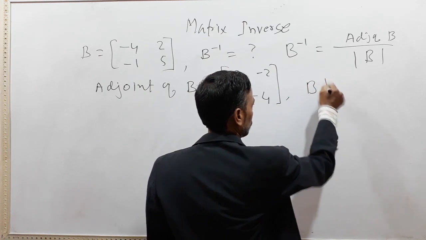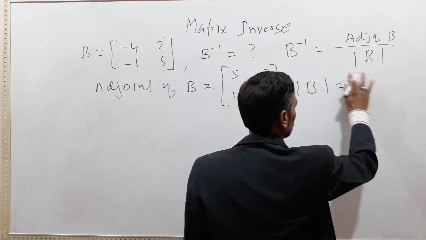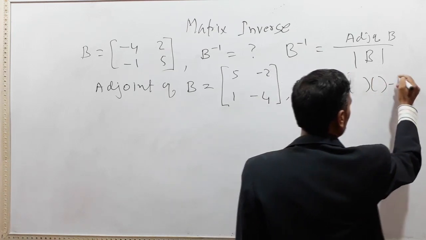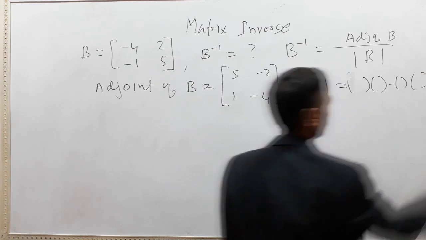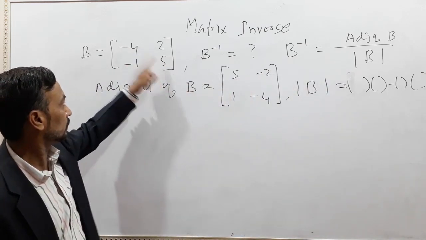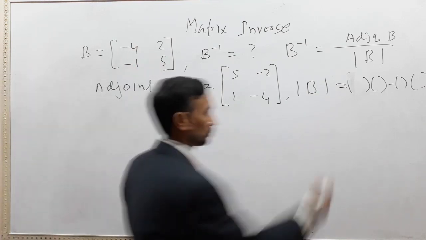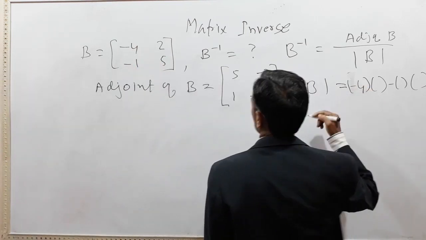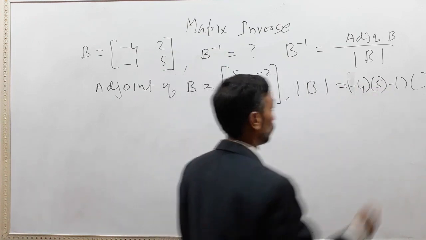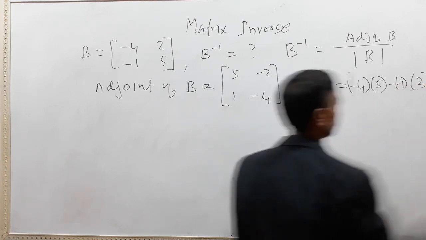Now, for the determinant, simply write it down like this. It will be easier for you. You have to take the difference of the products of the elements present in both diagonals. So it's going to be minus 4 multiplied by 5, and minus 1 multiplied by 2.